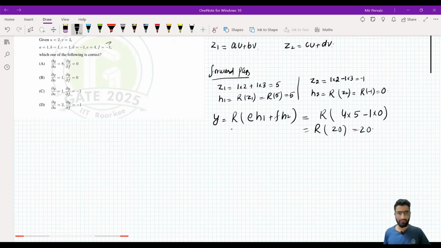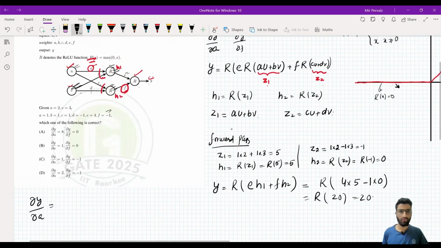Now, if we calculate del y over del A, we have to reach this point A from y. So this will be following the path with these nodes.